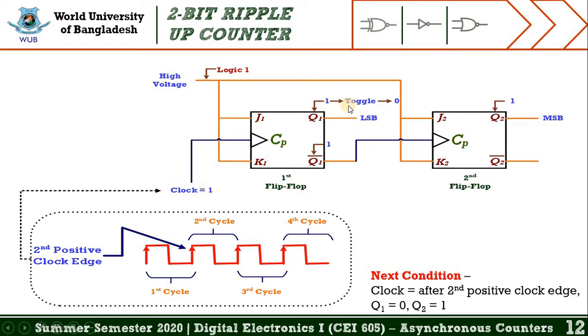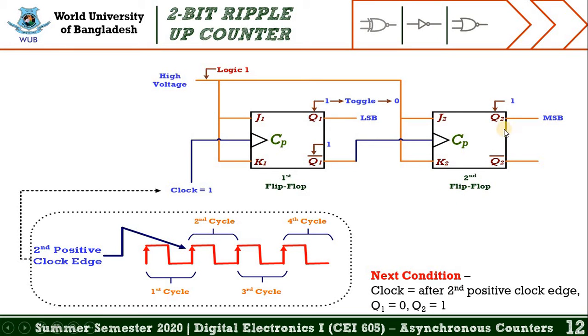But as we already mentioned in our overview of the 2-bit ripple up counter, T flip-flops, or toggle flip-flops, are used for designing this type of counter. That's why the previous state should be toggled for the next step. So in this case we got 0, and if we complement this value then we get 1. And since the value of Q1 bar is equal to 1, the second flip-flop is activated or triggered.